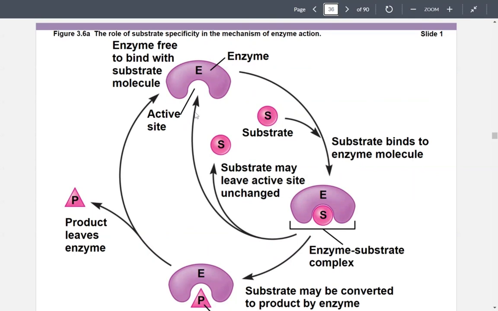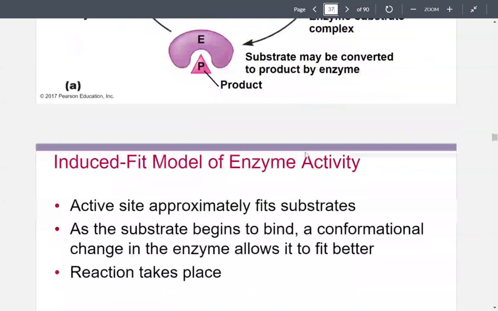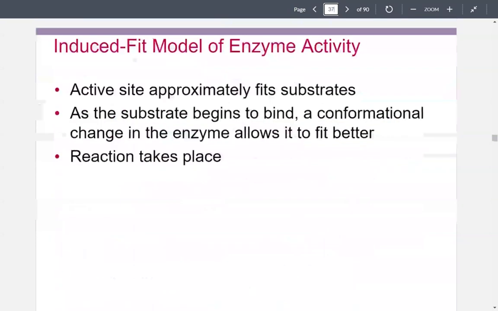So this is demonstrating for you some of that specificity. As I mentioned, it approximates the fit, but not exactly it. As the substrate starts to bind, a conformational change in the enzyme will allow it to fit even better.